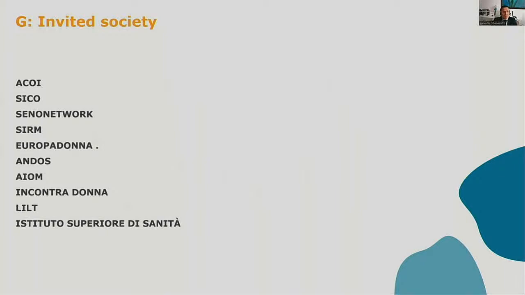Furthermore, we have, making part of the jury, other invited societies, all working around problems of breast, or other onlus, so to say, such as the Superior Institute of Health of Italy.